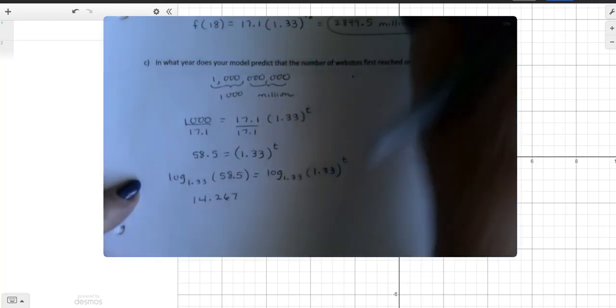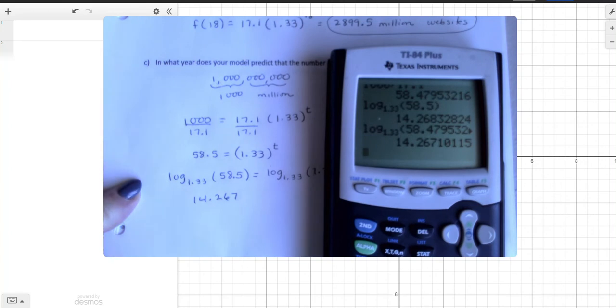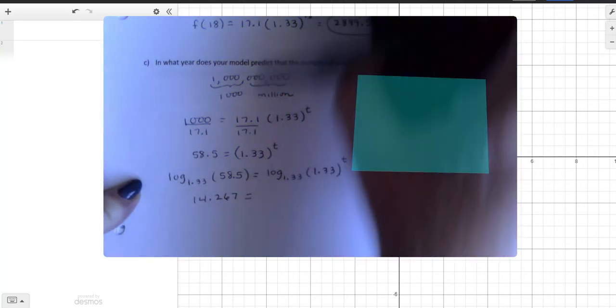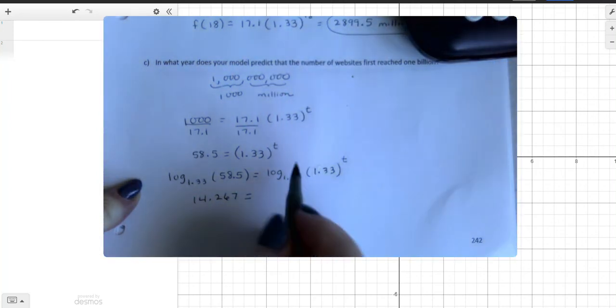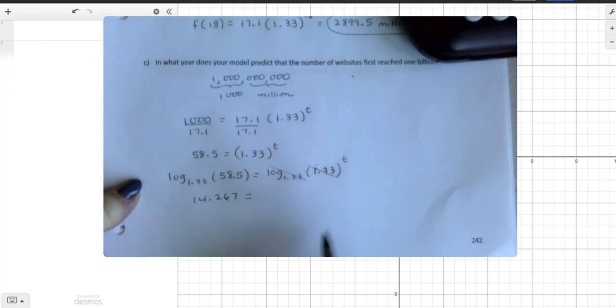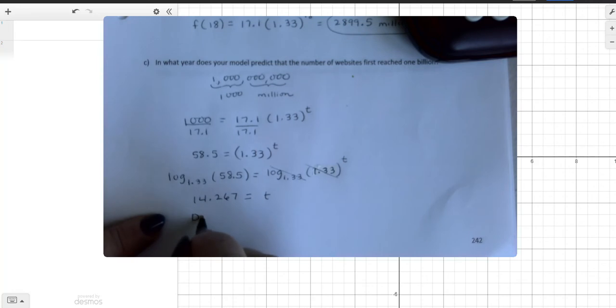On the left side, even using the more exact value, I did get the 14.267. And then on the right side, these are inverse functions, so I'm just going to get t. So that would be during 2014. We first reached 1 billion websites.